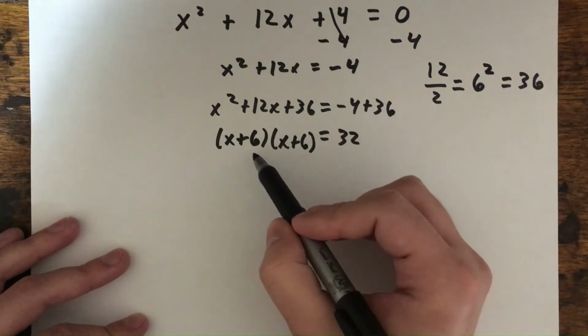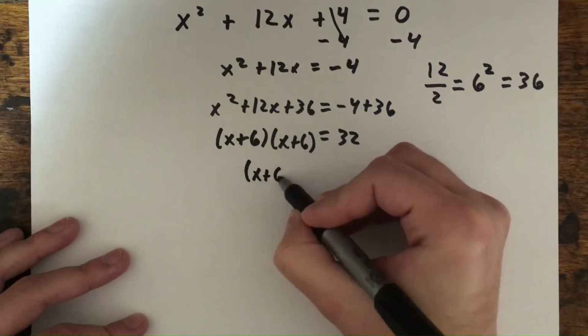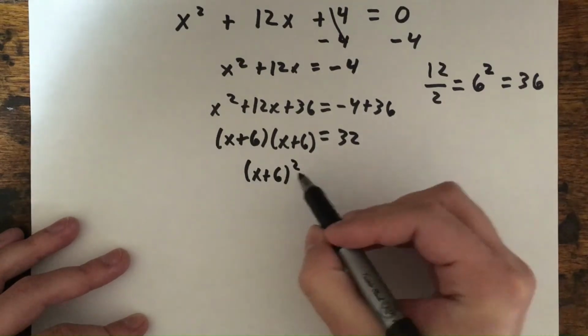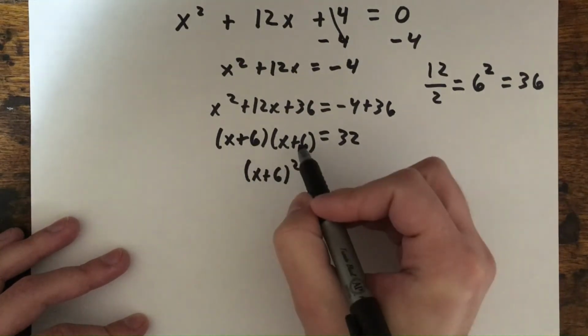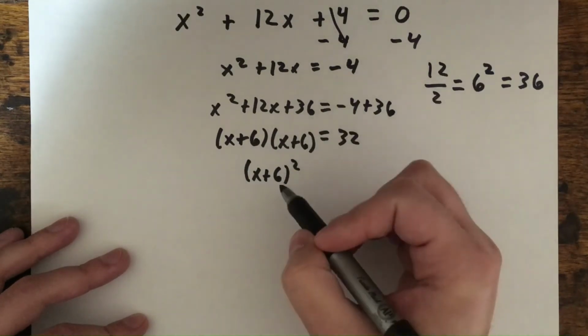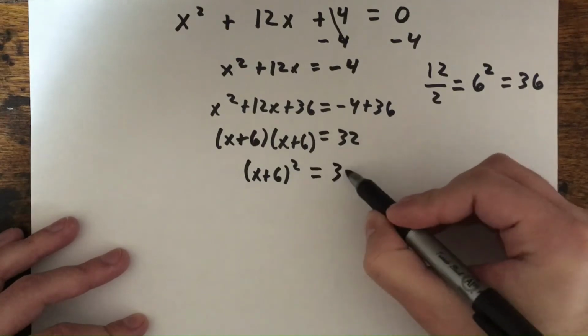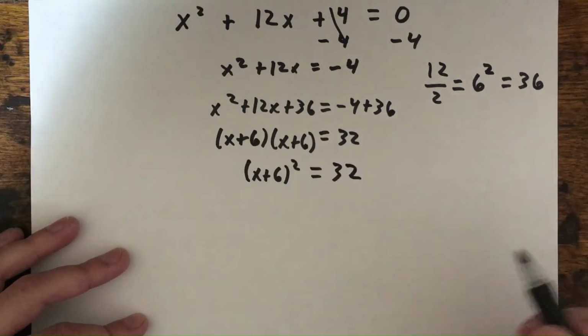We can simplify it further by making it x plus 6 squared. It's just the same thing multiplied by itself. We still have 32 on the right side here.